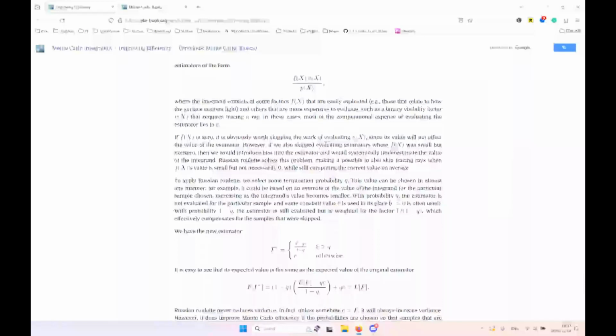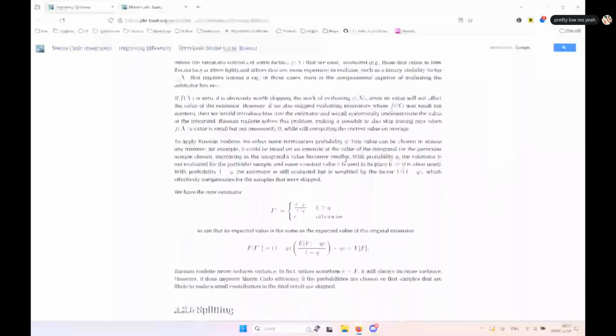And yeah, with this probability q, the estimator is not evaluated for a particular sample, and we just use some constant. Otherwise the estimator is evaluated, but it's weighted by the factor 1 divided by 1 minus q to compensate that we skipped some samples.